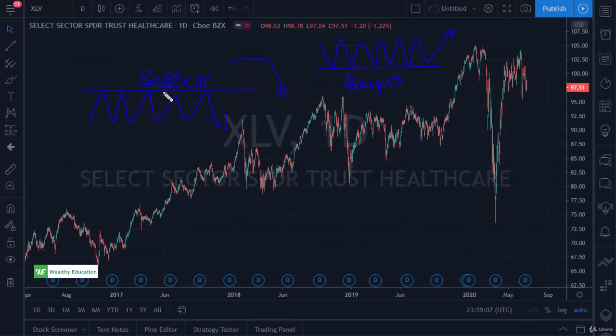If you're a seller, it may take a big move lower to fill all of your orders, because you have to keep in mind that for every seller, there has to be a buyer and vice versa. So if you have, say, 100 million shares to dump off, and you try to dump 100 million shares in one go, it's going to find 100 million buy orders as far as shares are concerned underneath.